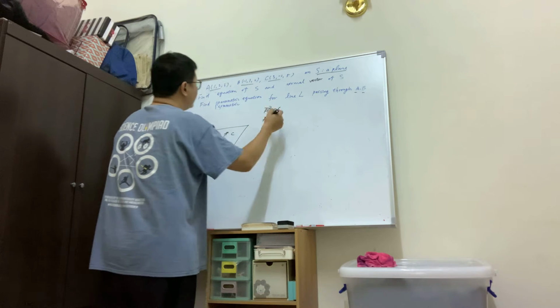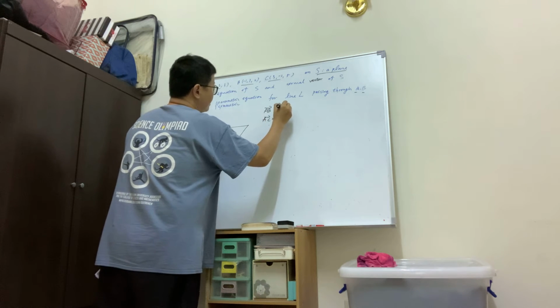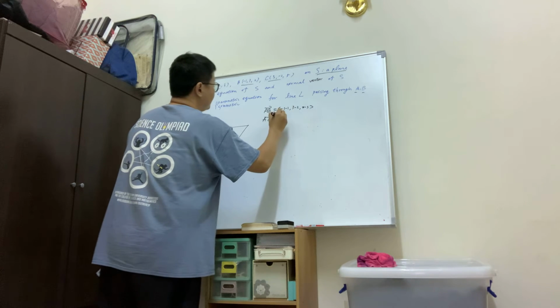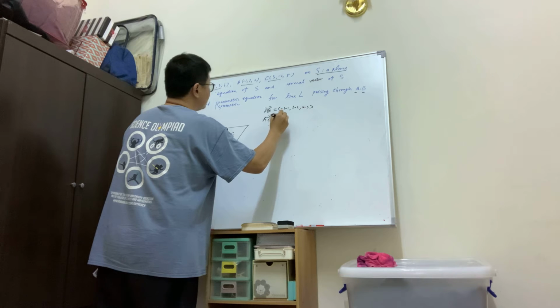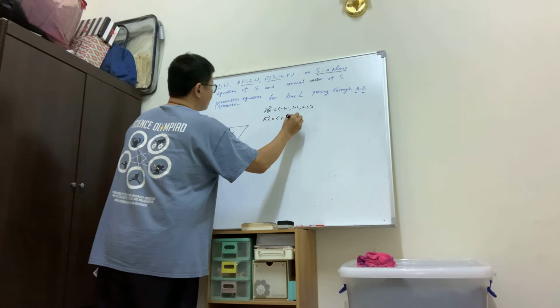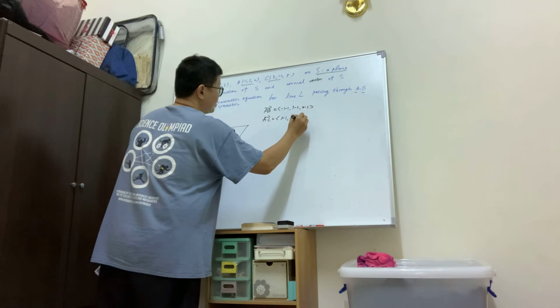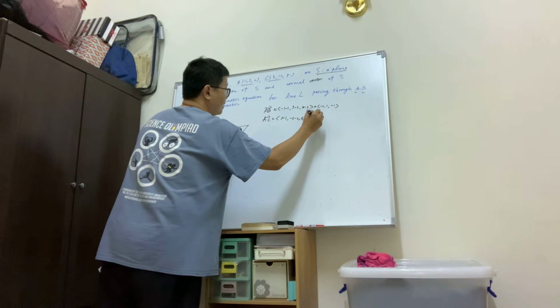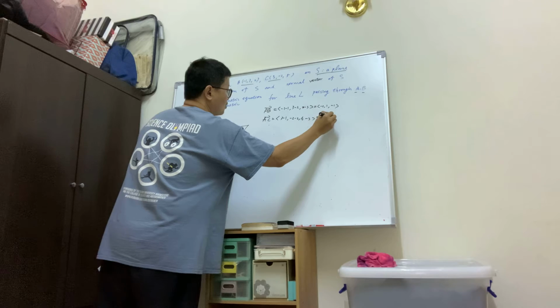So AB is -1 subtract 1, -1 subtract 1, 3 subtract 2, 2 subtract 3, and so on. AC is 3 subtract 1, -2 subtract 2, 5 subtract 3. So AB is (-2, 1, -1) and AC is (2, -4, 2).